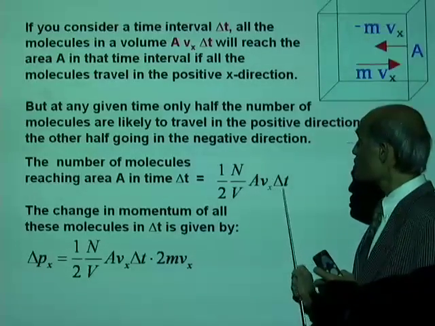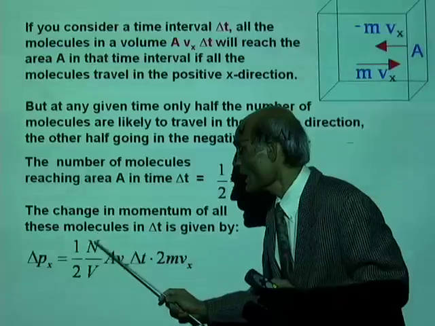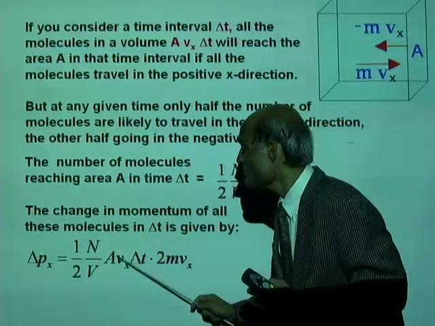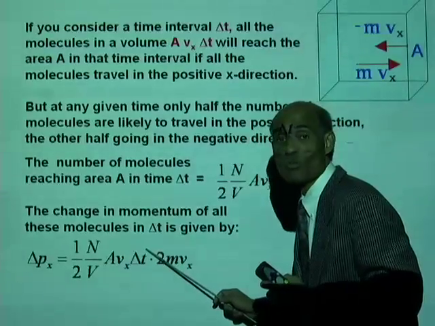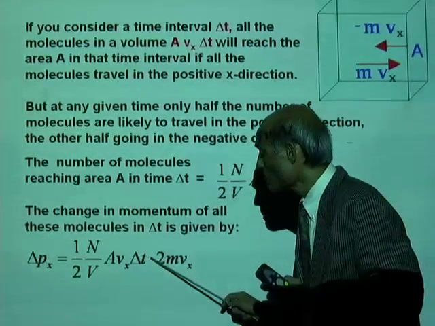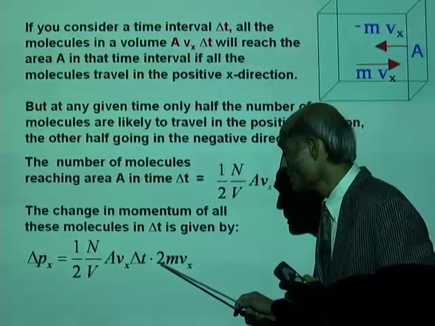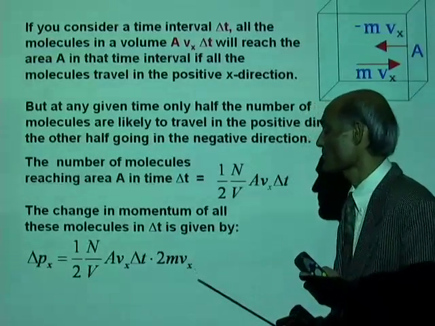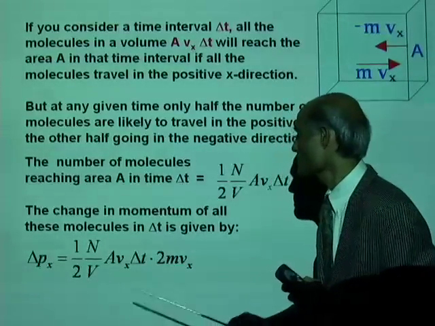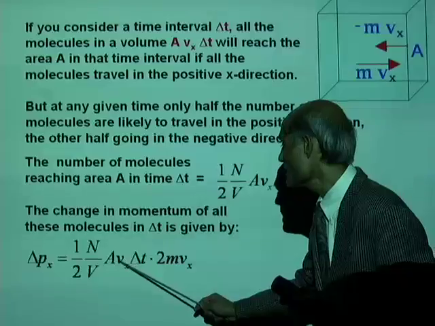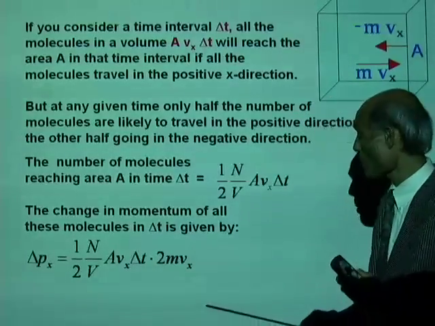So the total change in momentum experienced by all the molecules that reach this wall of area A in this time interval delta t is 1/2 N over V A vx delta t. That is the number of molecules reaching the wall in that time, multiplied by the change in momentum of each molecule, that is 2mvx. What does that simplify to? Well, the 2 and the 2 go, and vx multiplied by vx will give you vx squared.